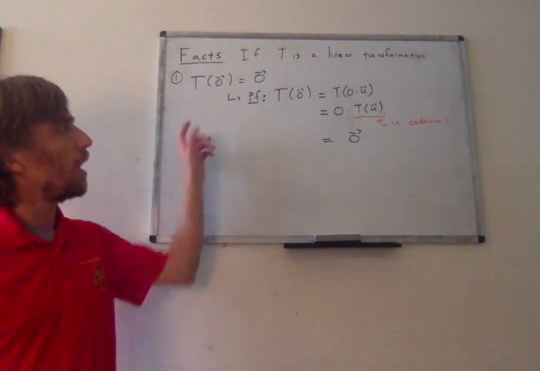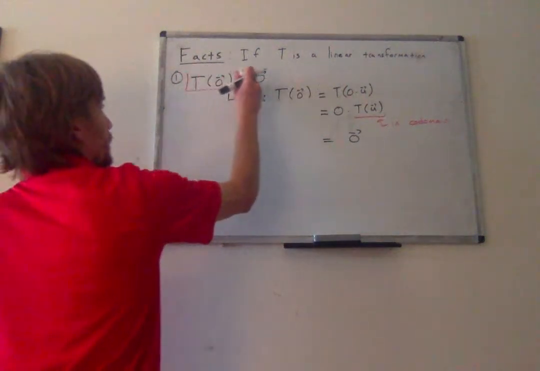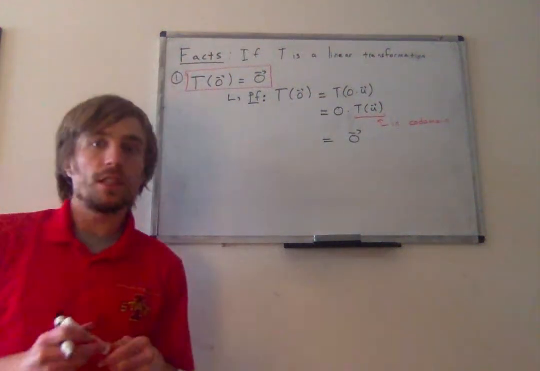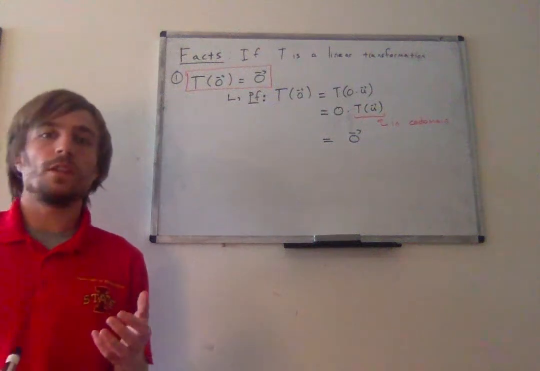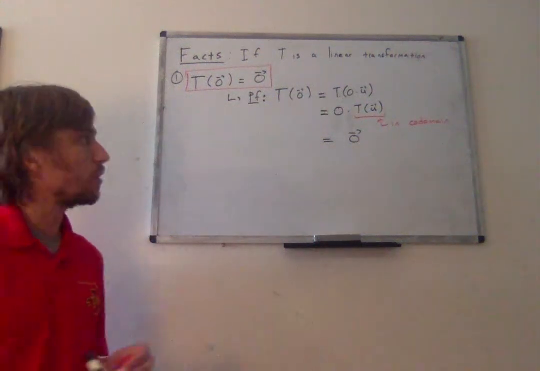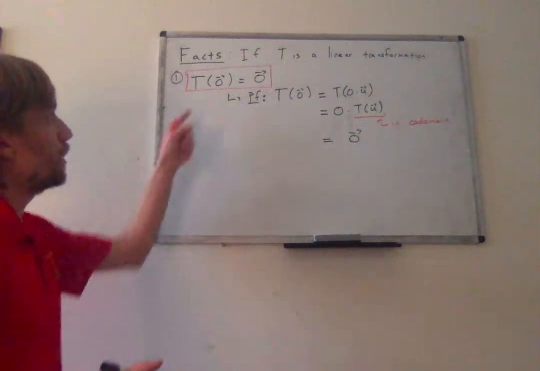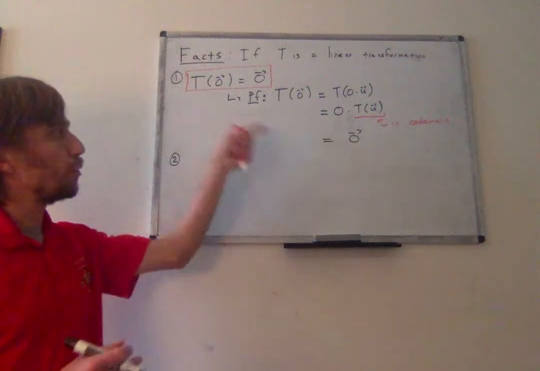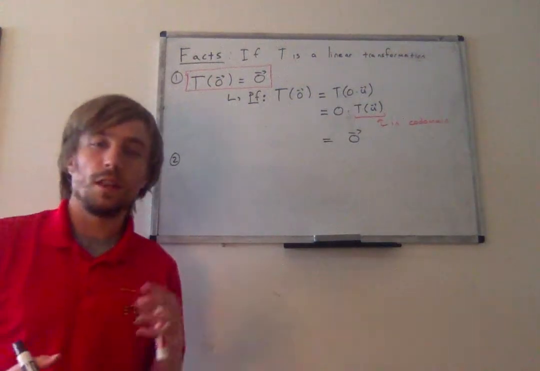There are actually a lot of ways to prove this fact. This is just one specific way to do it. But this is a very important fact to remember, that T of the 0 vector is always equal to the 0 vector. And of course, if you think about it in terms of matrix multiplication, it's definitely always true because A times the 0 vector is always 0. But we can actually prove this just using the properties of a linear transformation, not even necessarily thinking about it with matrices.